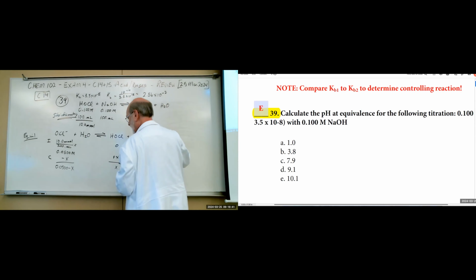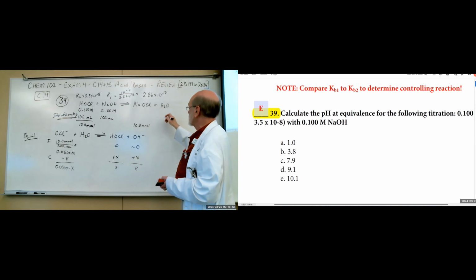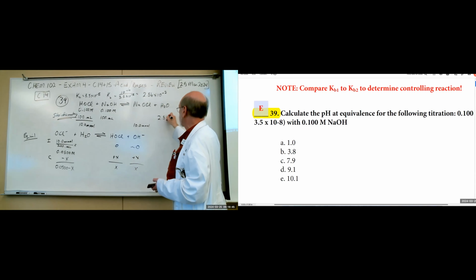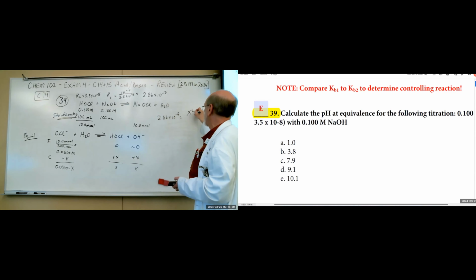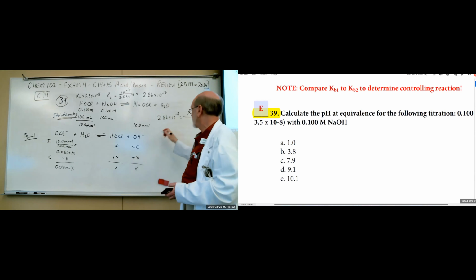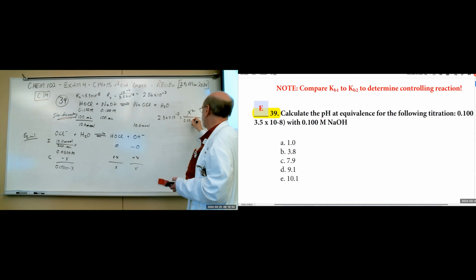Okay. So now this value, the Kb, is equal to x squared, right? X times x divided by 0.0500 minus X.